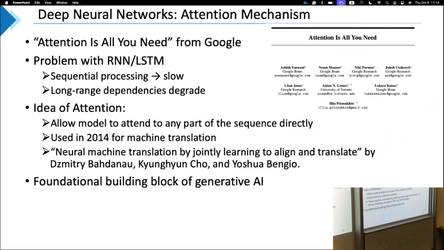So attention neural networks were proposed exactly to address these two limitations. As you can see, the sequential processing in recurrent neural networks makes its processing speed very slow. And the second is that it's not able to capture the long-term sequence relationship.